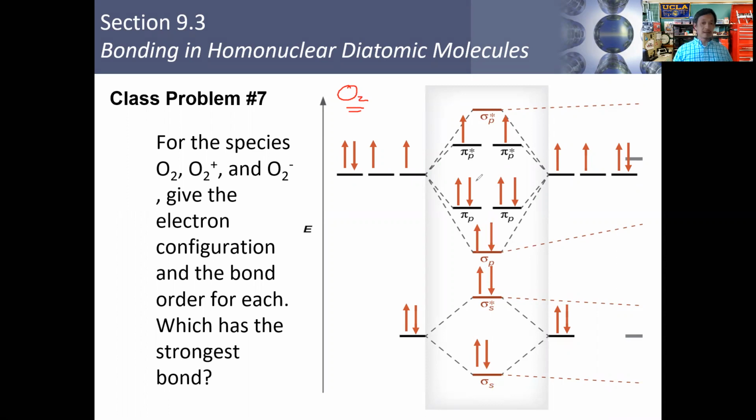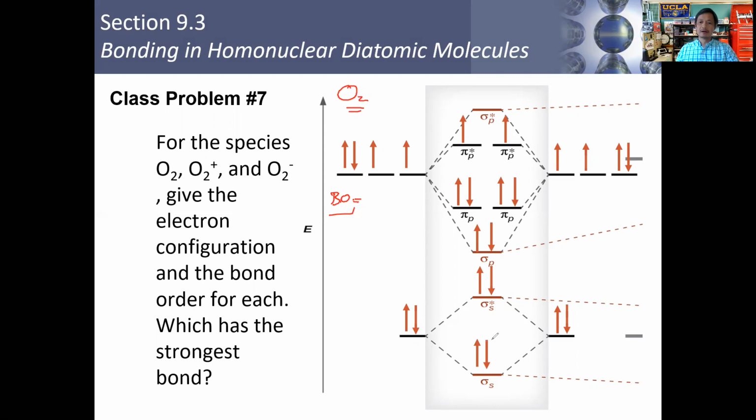With that said, let's go ahead and do the bond order really quickly for oxygen. Remember, when we calculate it, it's equal to the bonding electrons minus the antibonding electrons, divided by 2.